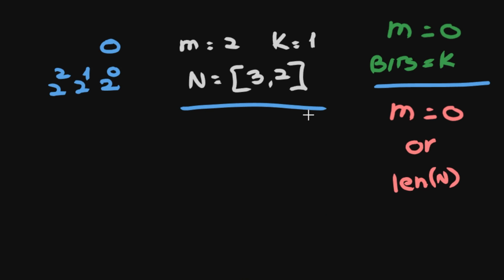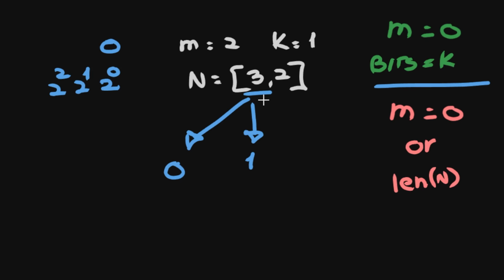Let's say we have the same input as before and we are iterating this from left to right. So first we are here and we have a few choices. We can take 0 instances of this element. We can take 1 index 0 or we can take 2 index 0. And this is it. We can take up to 2 of these values because m is 2.